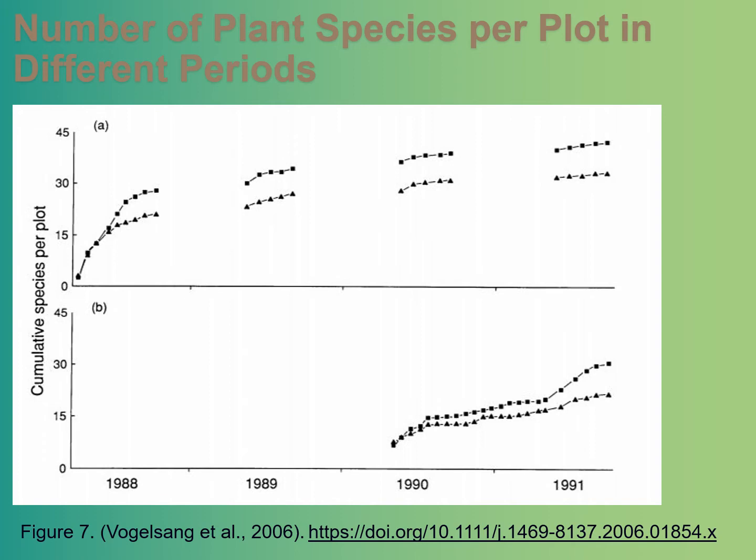At the beginning of the 1988 experiment, the number of plant species was the same at treated and untreated sites. However, during 1988, there was an increase in the number of plant species in the soil that was not treated with fungicides compared to the number of plant species that grow in the soil that was treated with fungicides.